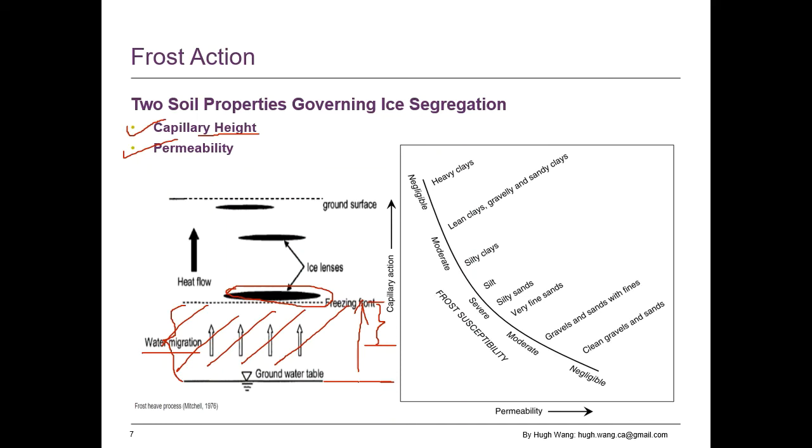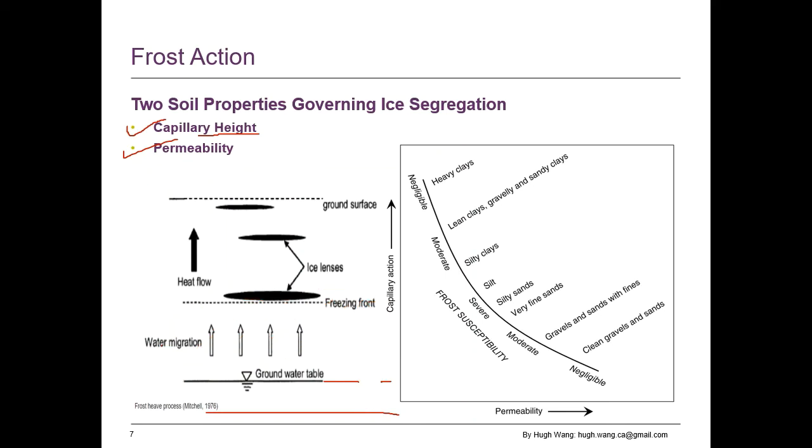However, if the soil can draw water from depths like this, then the groundwater can be continuously drawn to the freezing front. So that's the first factor, capillary head.